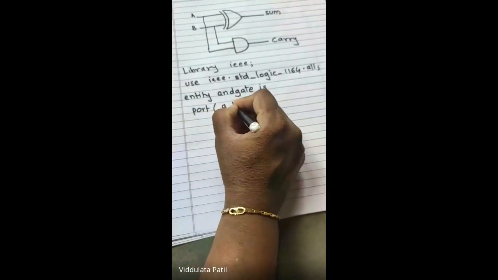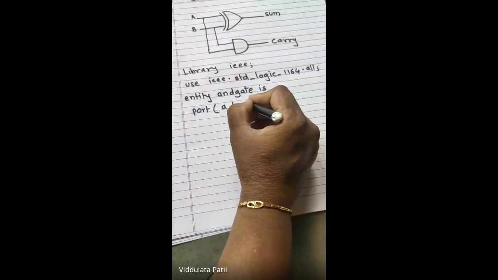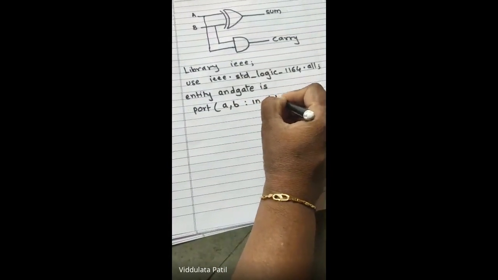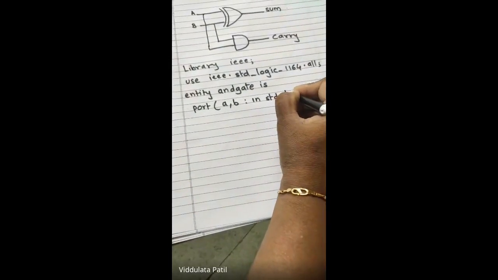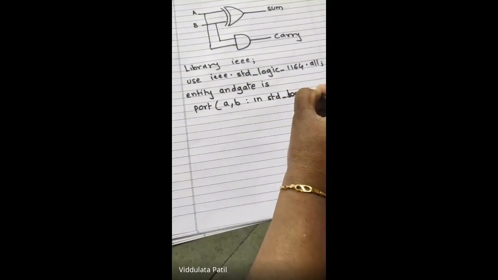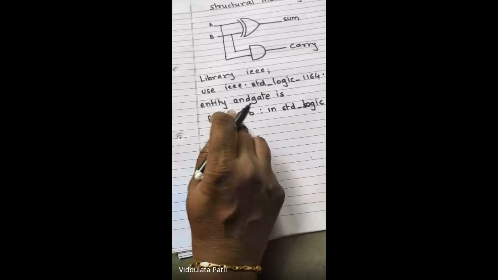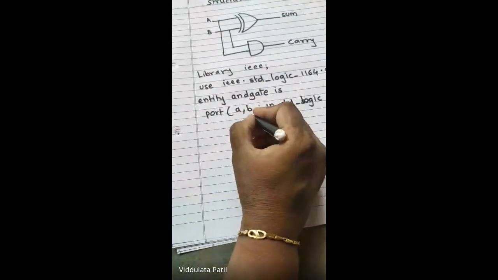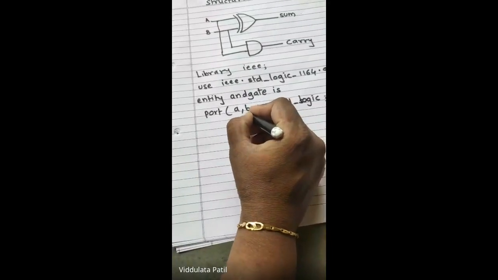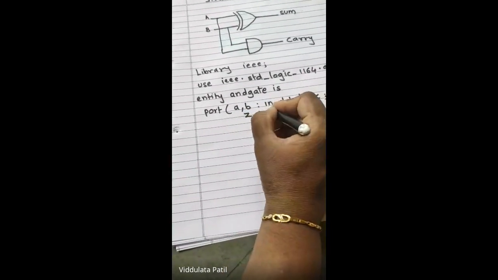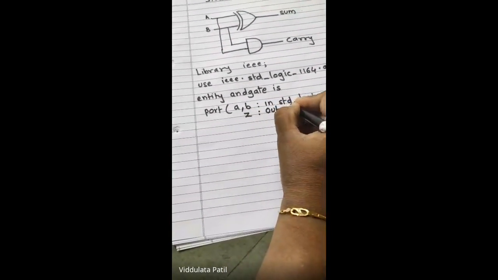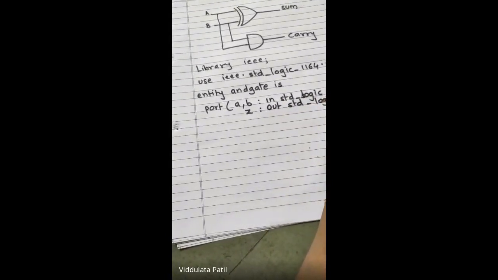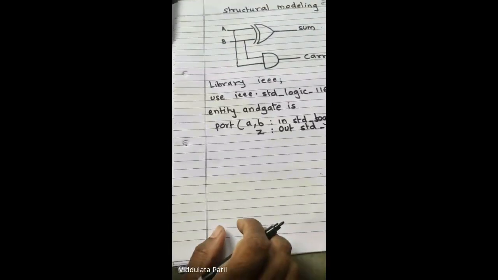Let us say A, B. All these are inputs, and the type is std_logic. Here you can give any name to these input ports as well as the output ports. Let us have Z as the output port. So Z output, type std_logic, bracket complete and a semicolon.